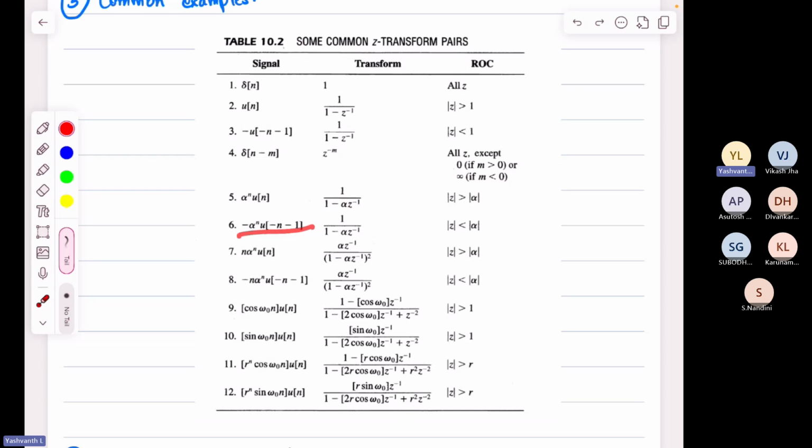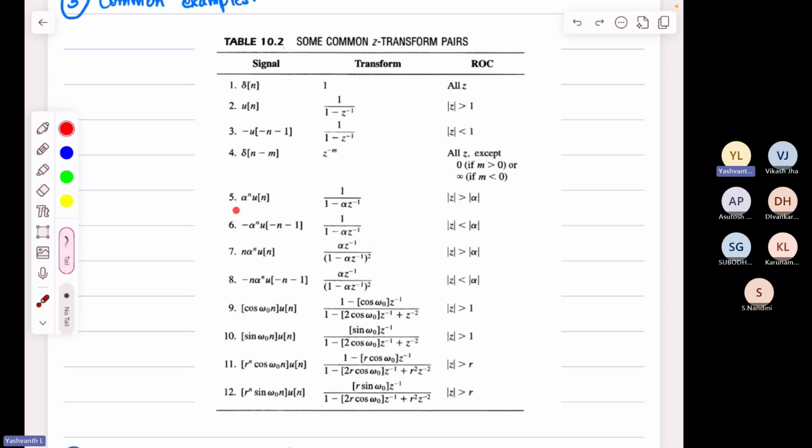Similarly, minus alpha power n into u of minus n minus 1 will have the z transform 1 over 1 minus alpha z inverse with ROC mod z less than mod alpha. Similarly, n times alpha power n into u of n will have the z transform alpha z inverse divided by 1 minus alpha z inverse whole square, with the ROC mod z greater than mod alpha.